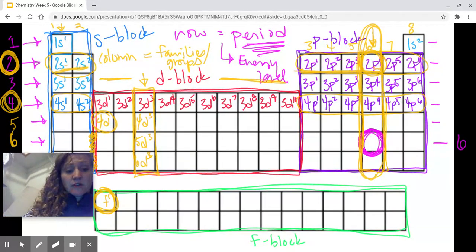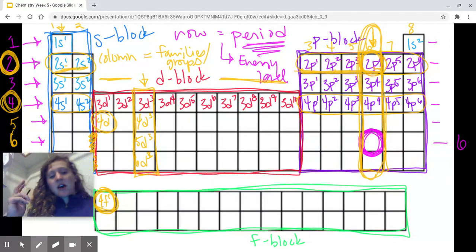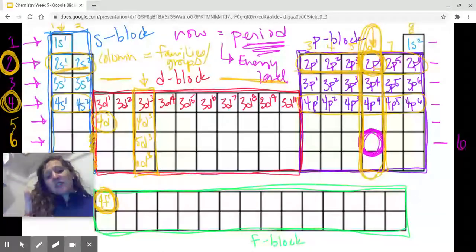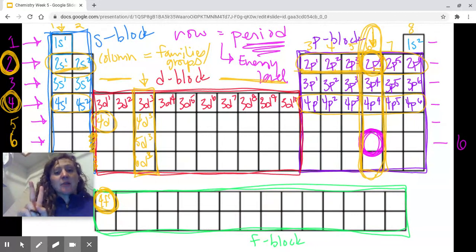It's going to be 4f. It's offset by 2. So that is something you have to know. In order to use this tool, you do have to know all the blocks, s, p, d, f. You also have to know that the d's are offset by 1, the f's are offset by 2. And you can prove this to yourself if you just keep filling out this periodic table all the way, like we have been. Fill it out completely, and you'll see that the pattern continues all the way into the f block.